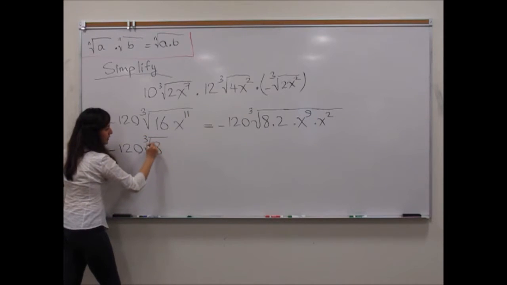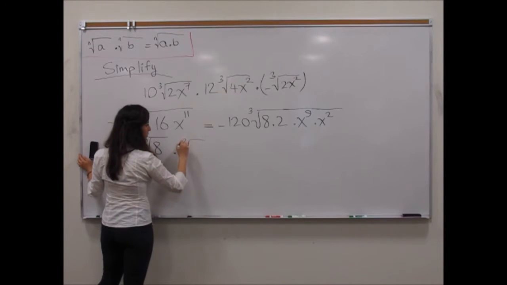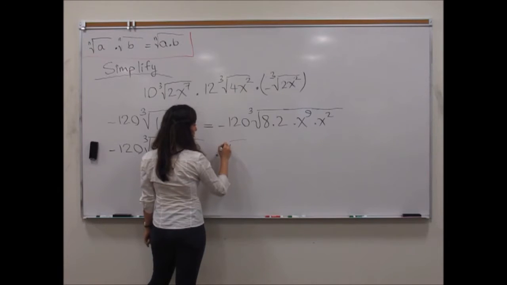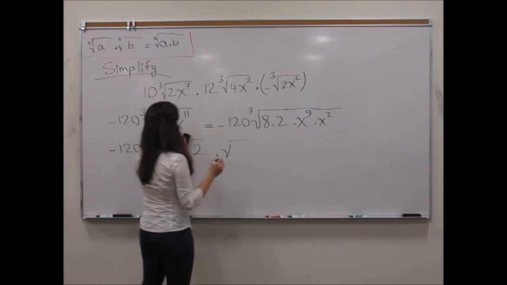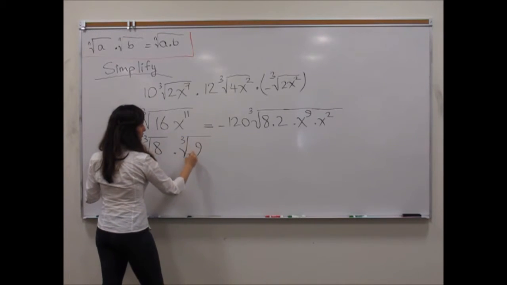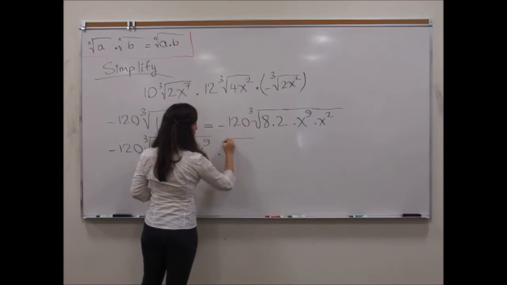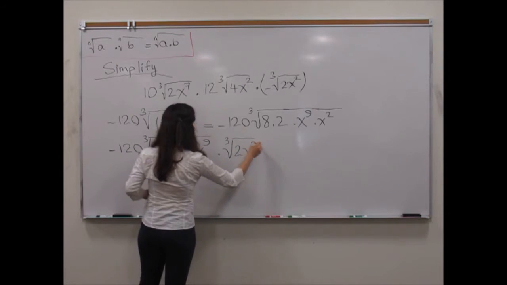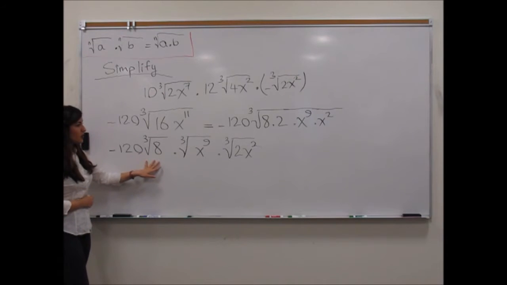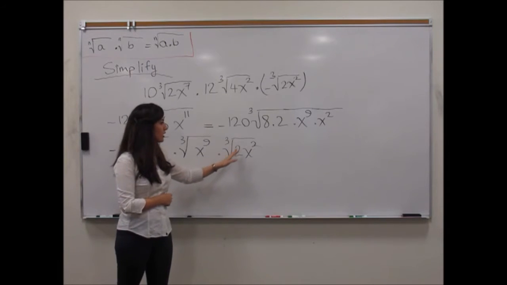So this big radical, I rewrite it as cube root of 8 times cube root of x to the 9th times cube root of 2x squared.